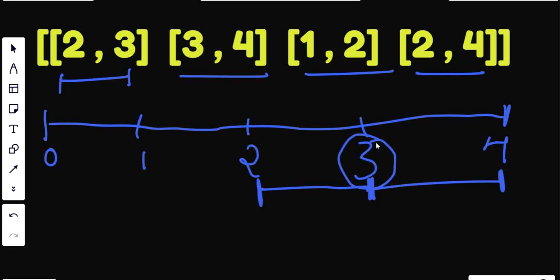This is one thing that we realized after plotting these two intervals. We are checking the ending of the previous interval, that is the previous ending PE, and the current start point, that is CS. We check that 3 is equal to 3, that is, the previous endpoint should be less than or equal to the current start.